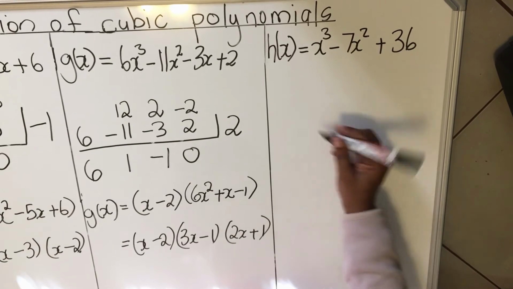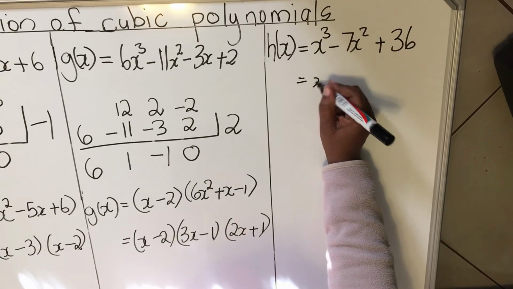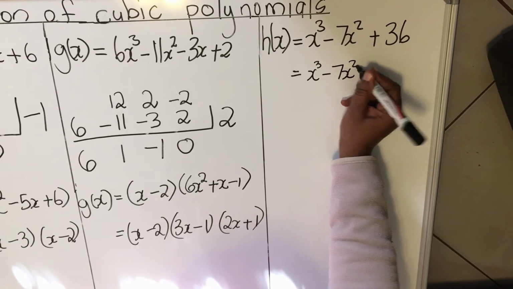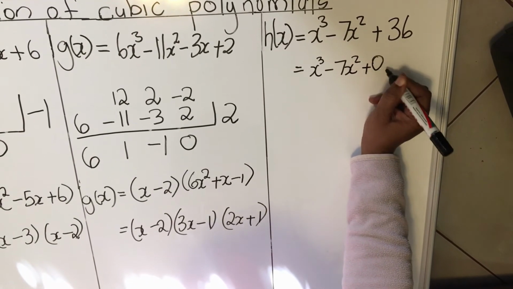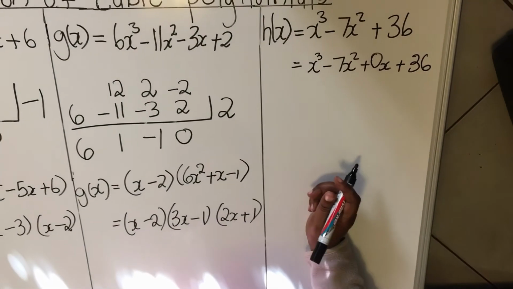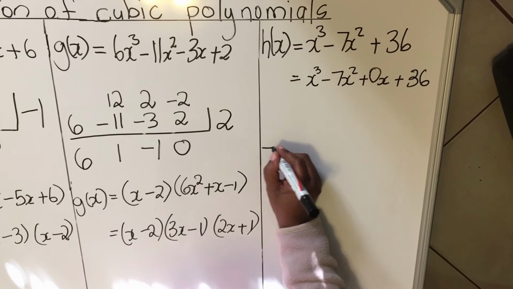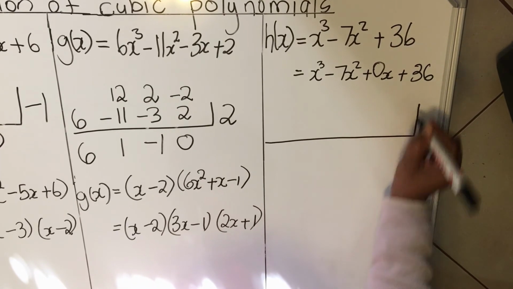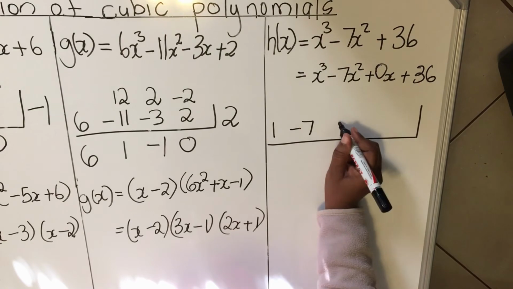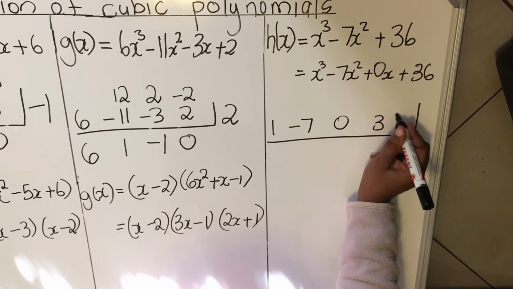You have to add that first, so it's x cubed minus 7x squared plus 0x, then plus 36. Then I can do my slanting L. My coefficients are 1, minus 7, 0, 36.